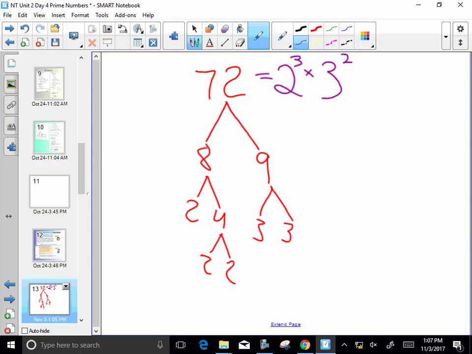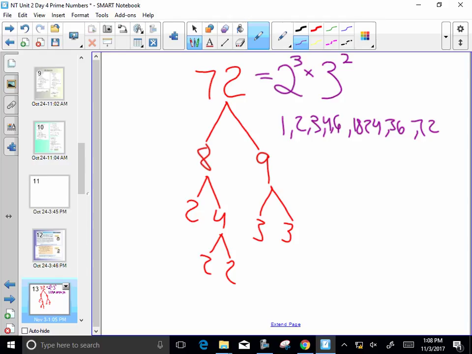Yeah. If you listed them, you'd have 1 and 72. What's another factor? 2 and what? 36. 3 and what? 24. 4? 18. Yep. 5? 6? Yes. 6 and?